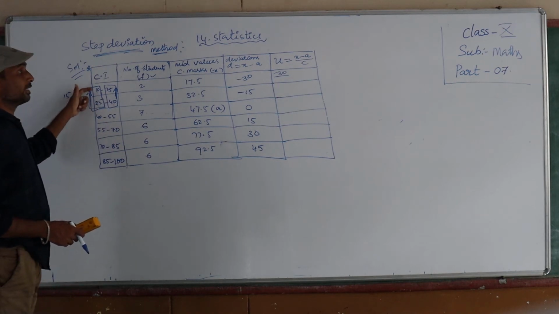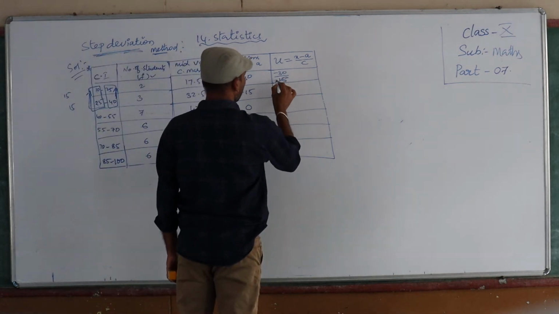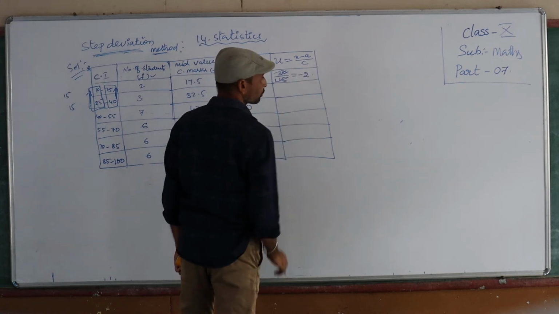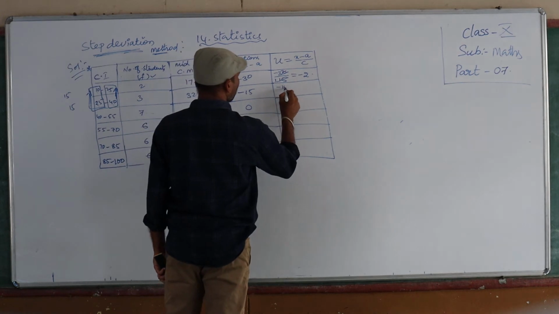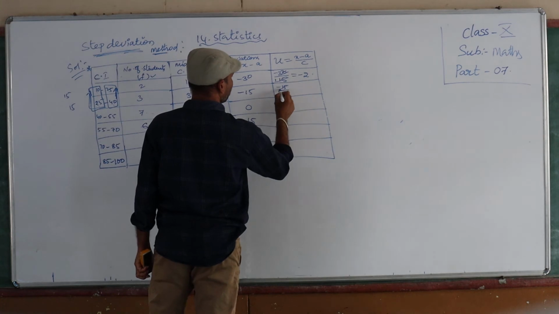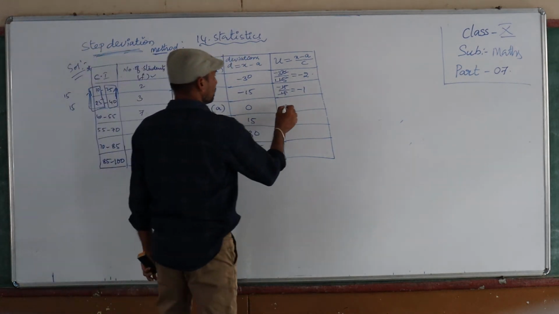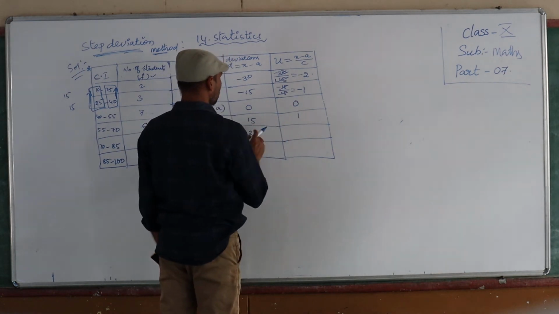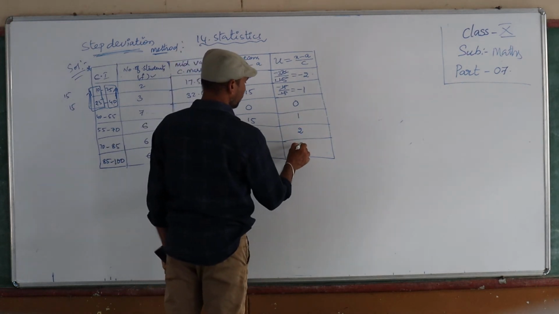This is the class interval. So c is 15. Minus 30 by 15 is minus 2. Then minus 15 by 15, the 15s cancel, minus 1. Then 0. Then 15 by 15 is 1, 30 by 15 is 2, 45 by 15 is 3.